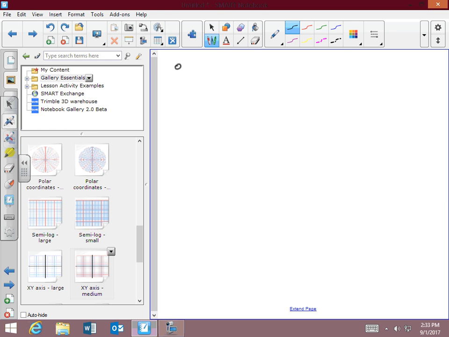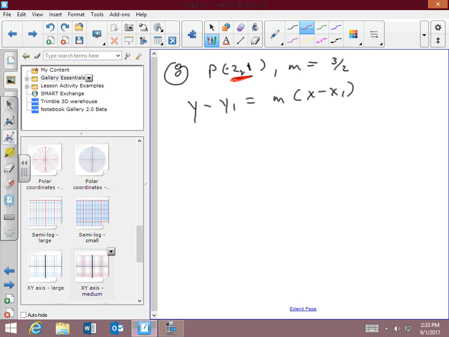Okay, 8. You have a point, 2, minus 2, and slope 3/2. So if I were you, I would suggest that you write this out. Now, I've seen people make mistakes, and they'll put this point right here in for these values.